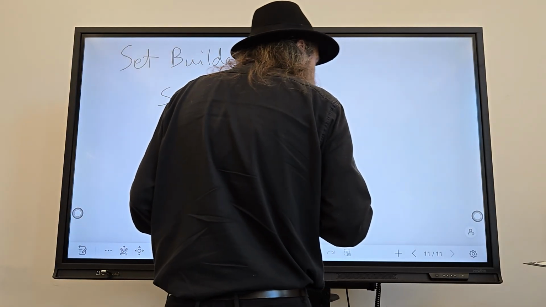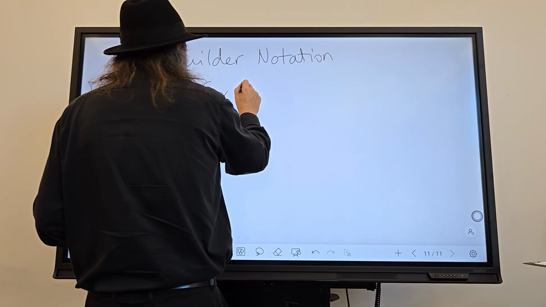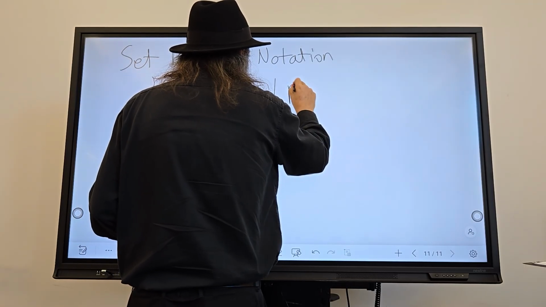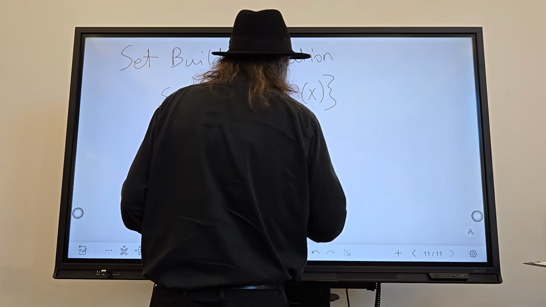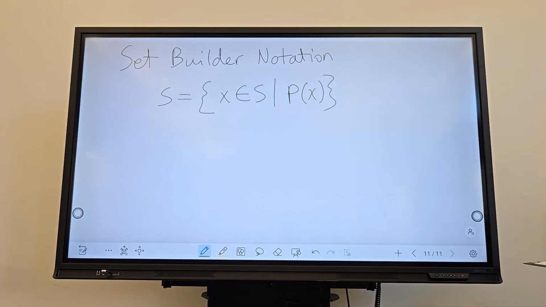S equal to the set of X in S such that P of X. That means S equals the set of all elements of S that satisfy the property P of X.